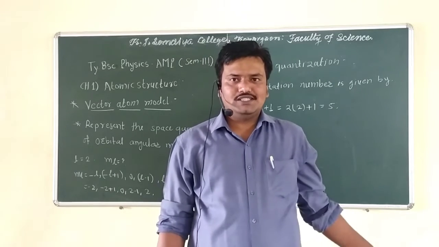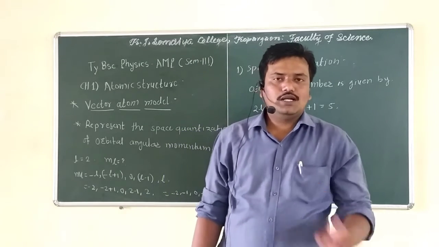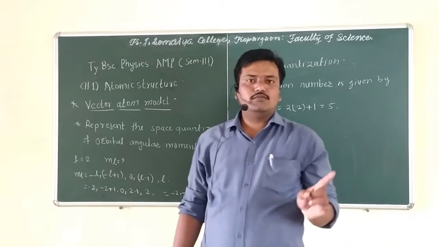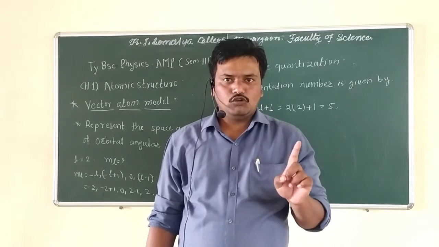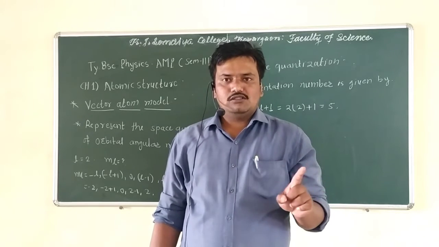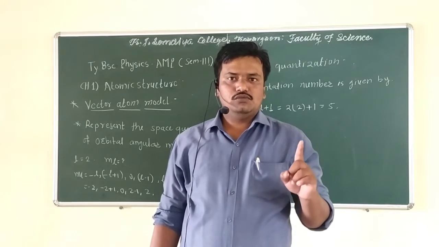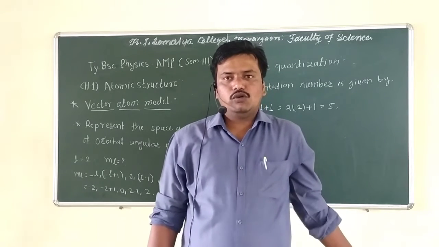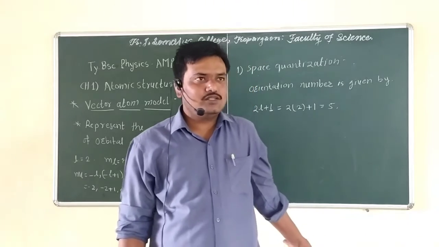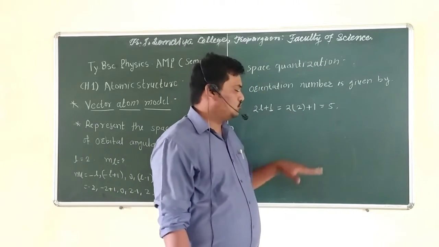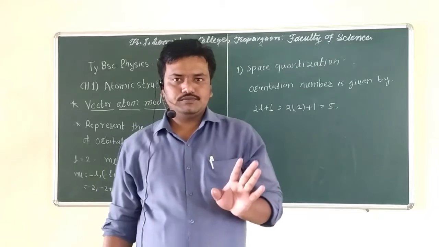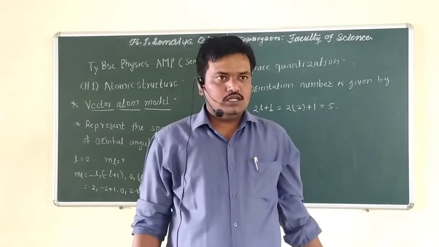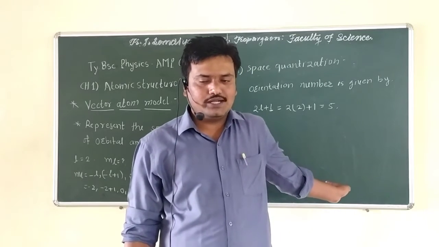That extra quantum number does not affect the size and shape of the atom, but it confines the orientation numbers. The orientation number formula is 2L plus 1, where L is the corresponding orbital quantum number, and it gives the orientation vectors.